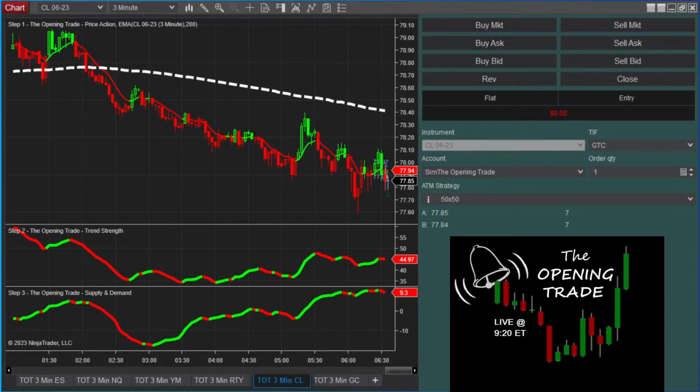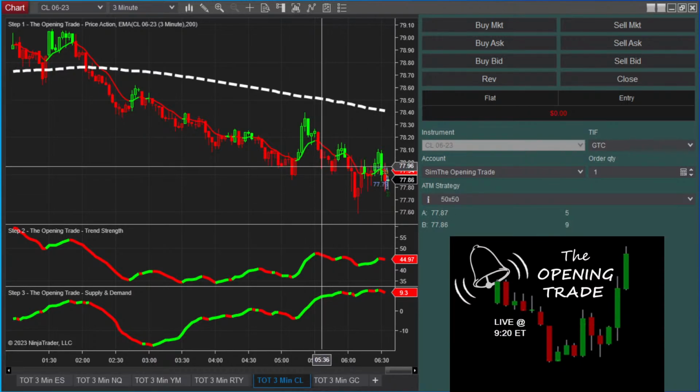Okay, crude oil has... I said that wrong. I'm below the 200 period EMA and I need green, not red. If I'm above, then I need red.